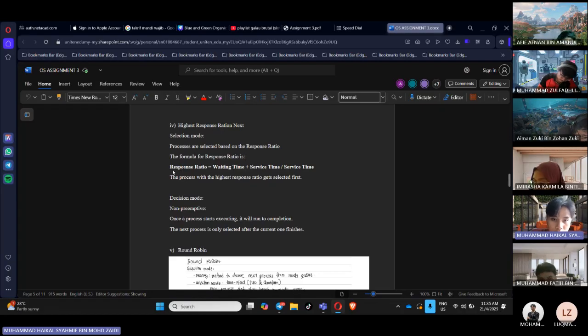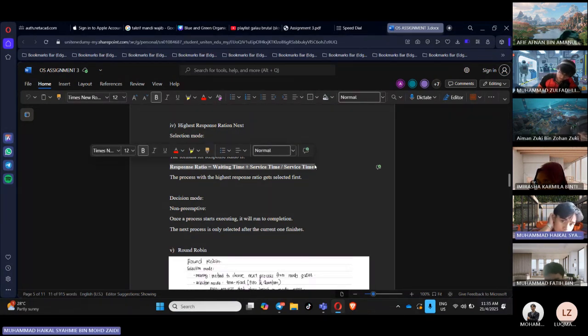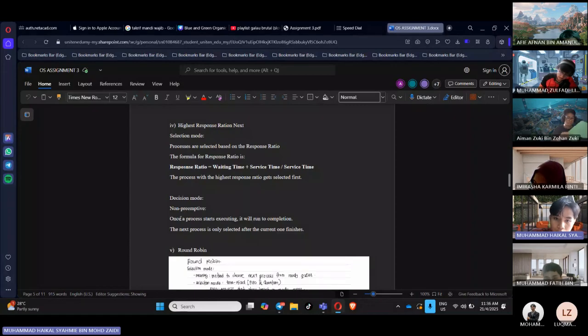The formula for the ratio is: ratio equals waiting time plus service time, divided by service time. The process with the highest ratio gets selected first. For decision mode, the highest response ratio next is non-preemptive. Once a process starts executing, it will run to completion. The next process is only selected after the current one finishes.